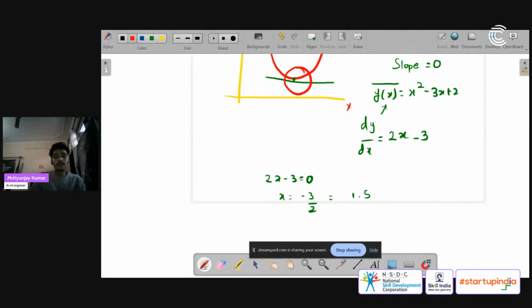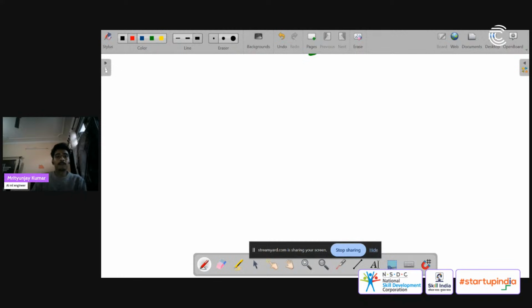Now, one more thing: we know the equation of a line, y equal to mx plus b, where b is the intercept and m is the slope. How this equation is going to help us in linear regression, I am now going to explain.